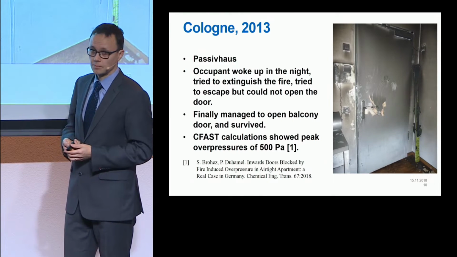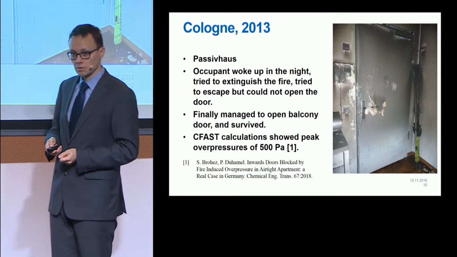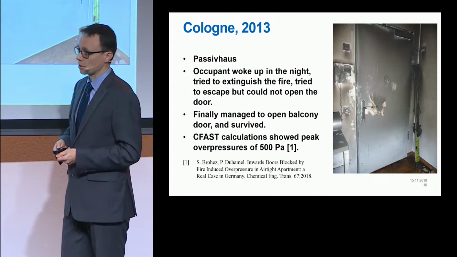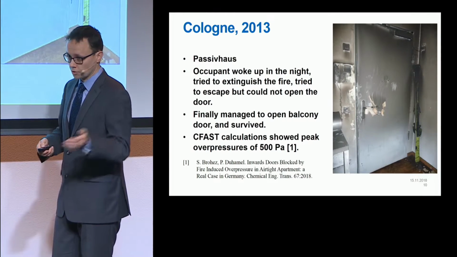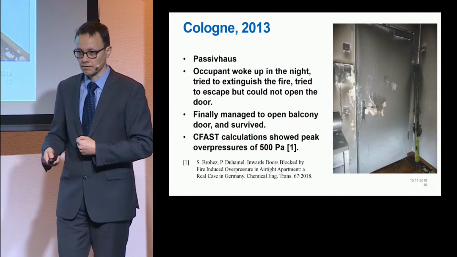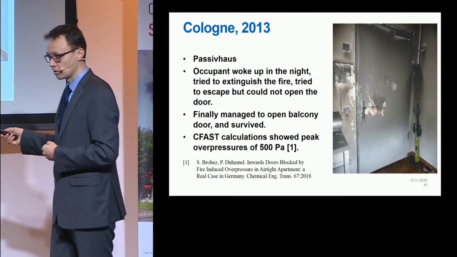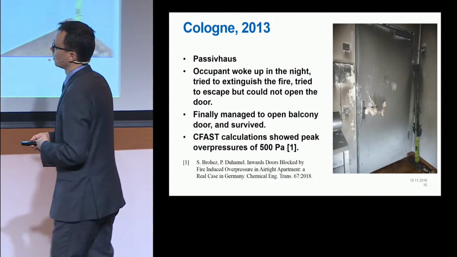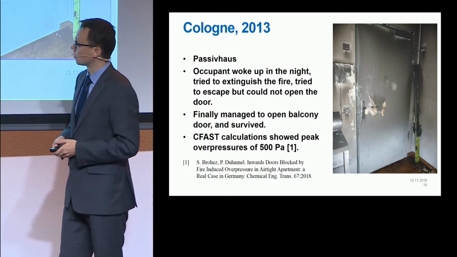The person woke up, first tried to put out the fire, didn't manage to do it, then tried to escape through the front door, didn't succeed, couldn't open the door inwards. To open it, tried to escape through the balcony, didn't succeed, waited for a moment, and then was able to open the balcony door.